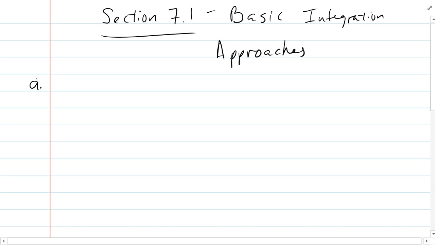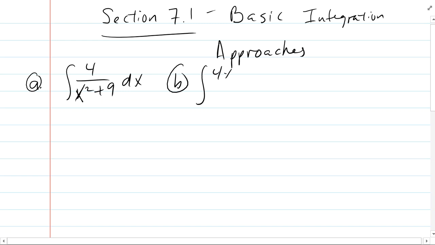So the first one is going to be, actually I'll circle it, the integral of 4 over x squared plus 9 dx. My second integral is the integral of 4x over x squared plus 9 dx.